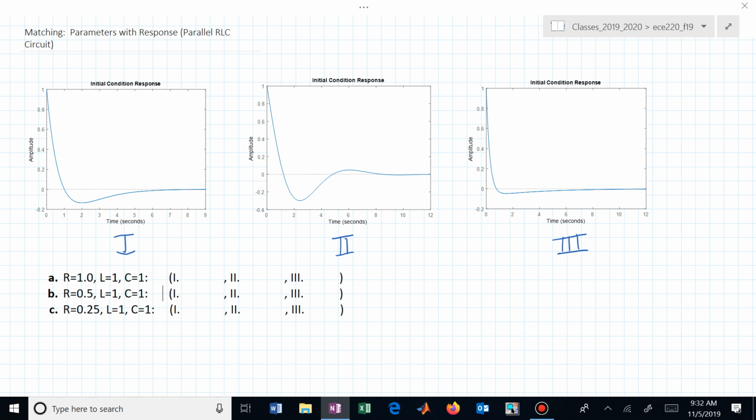These 3 combinations, A, B, C, produce one of those 3 plots, 1, 2, or 3, and I want you to match them up. Does A, with R equal to 1, belong to which of those plots?